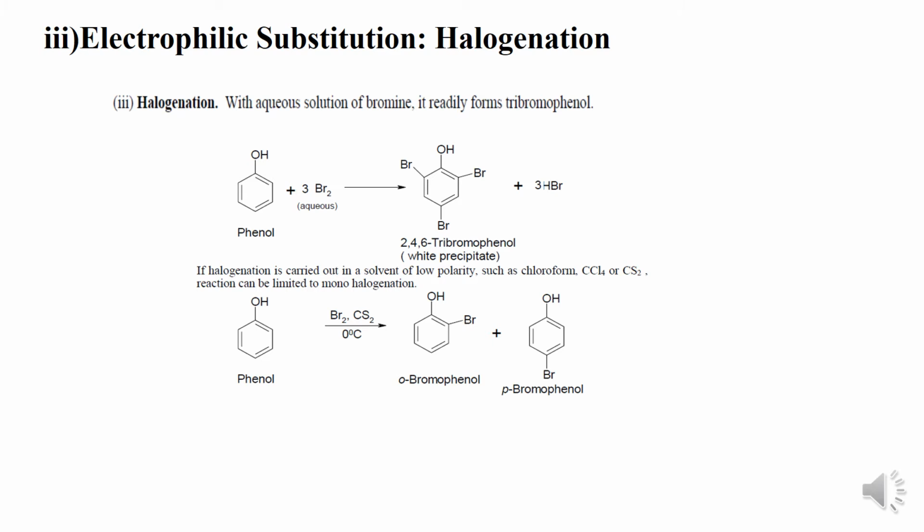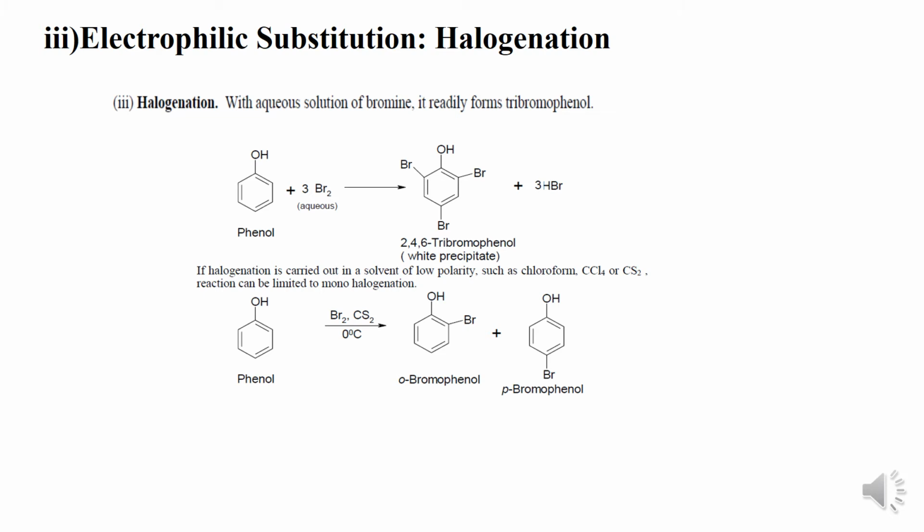If halogenation, meaning addition of halogens to the aromatic ring, is carried out in a solvent of low polarity, such as chloroform, carbon tetrachloride, or CS2, carbon disulfide, the reaction can be limited to monohalogenation. So if we want to synthesize monohalogen products, halogenation should be carried out in a solvent of low polarity.